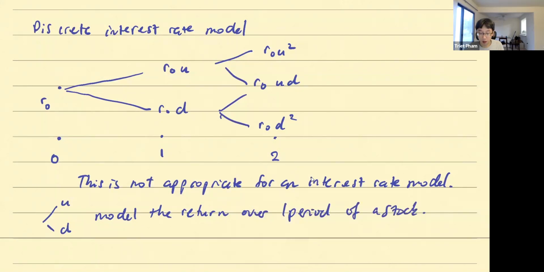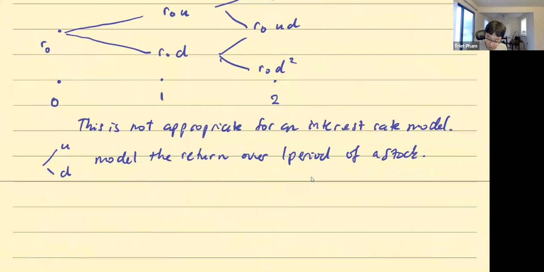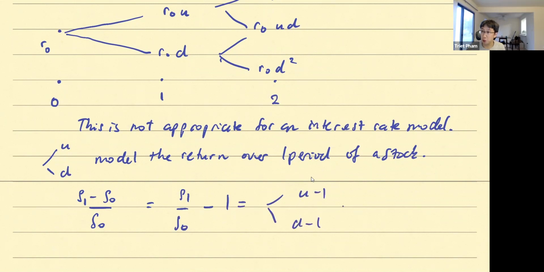If you take something like (S1 minus S0) over S0, this is a percentage return over one period. It's going to be S1 over S0 minus 1, so either U minus 1 or D minus 1. So that's the percentage return. You say the percentage return is either U minus 1 or D minus 1.